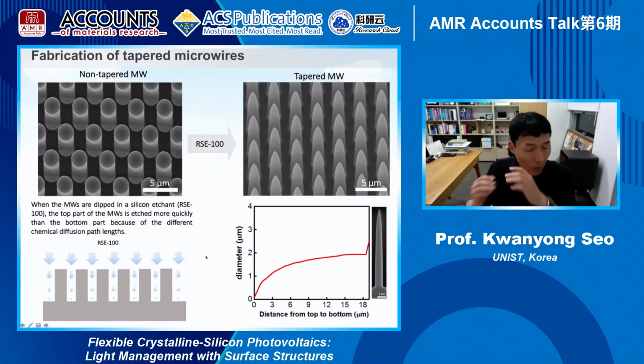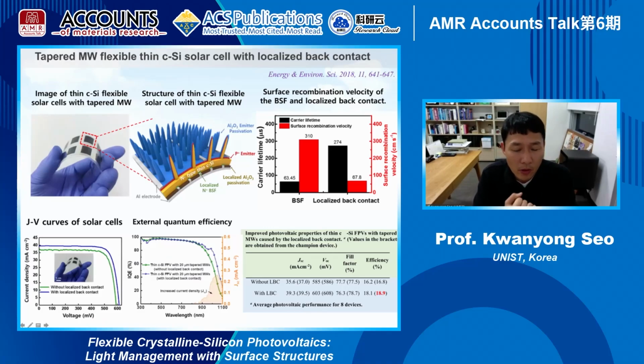So finally, with these tapered microwire structures, we fabricated a flexible solar cell. The left image shows the finally fabricated flexible solar cell, with the polymer capping layer on top and bottom. It is a pretty simple method. You can use any polymer layer onto the bottom and top, and then this microwire is very stable. Although we give a mechanical stress on top, the microwire can be stable without any break.